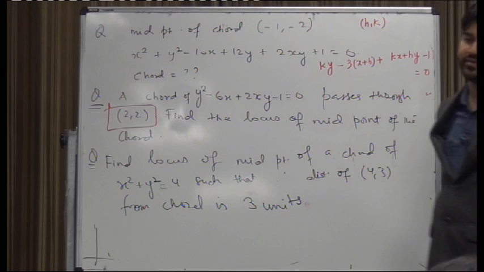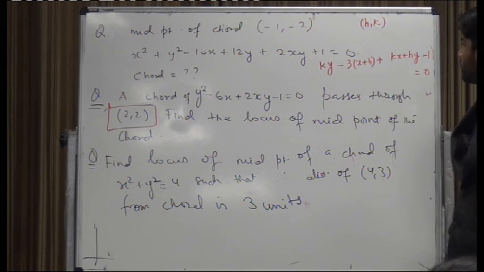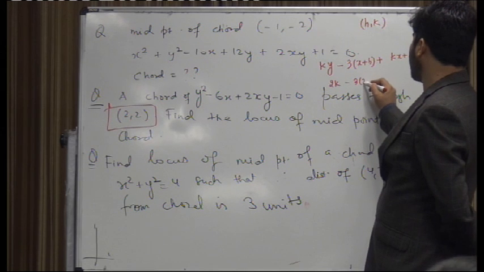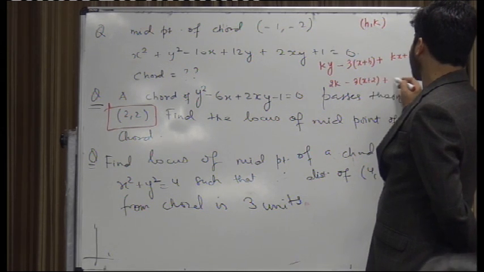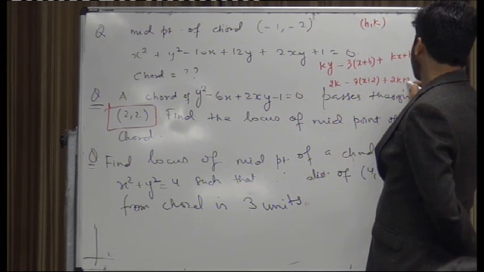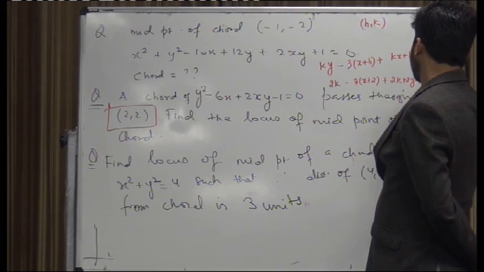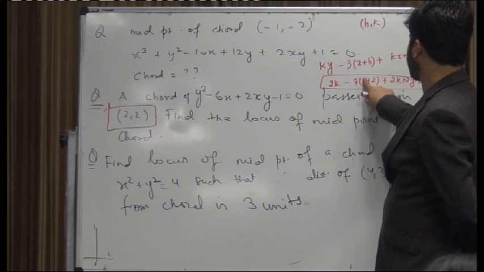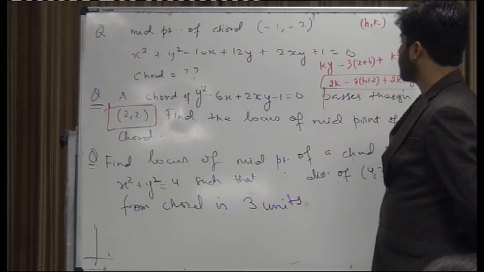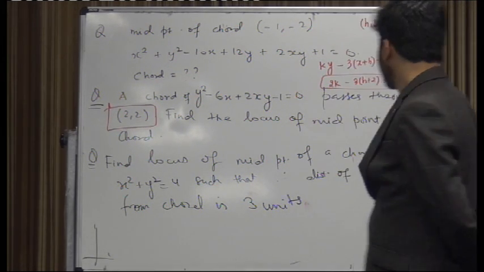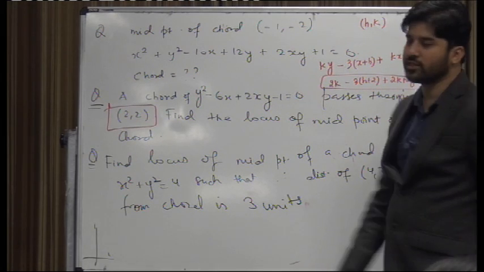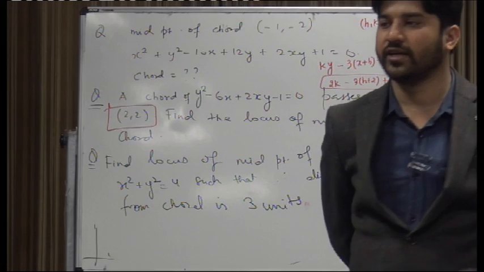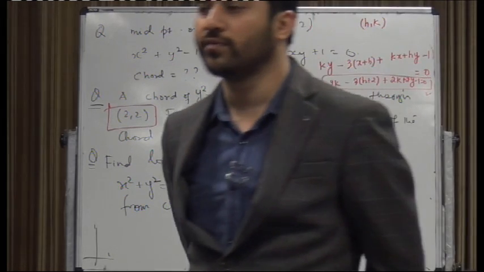So my x and y can be replaced by 2 and 2. So the final equation we'll get is 2k minus 3 into x plus 2 plus 2k plus 2y. So this would be the locus. Now h can be replaced by x and k can be replaced by y, and you will get your straight line. And that straight line would be the locus of the midpoint of the chord.